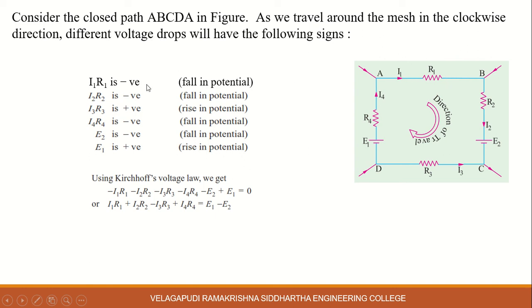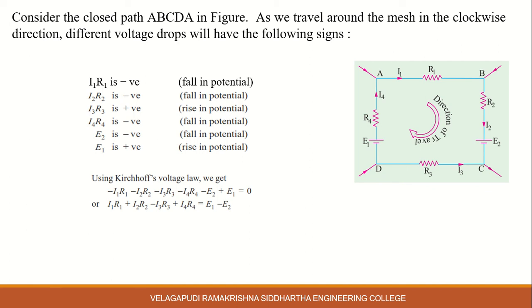So the sign is negative, a fall in potential. Now coming to the voltage drop across resistor R2. Here also current I2 flows from higher potential to lower potential, plus to minus. The voltage drop across R2 is I2 R2, and the sign is negative because of the fall in potential.